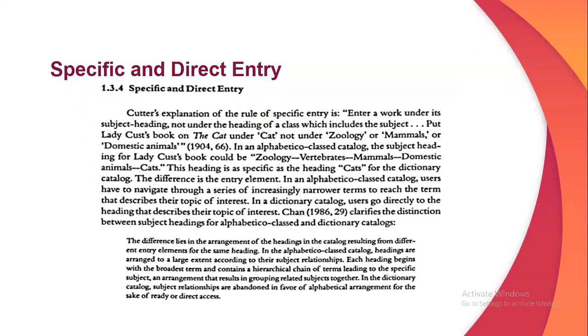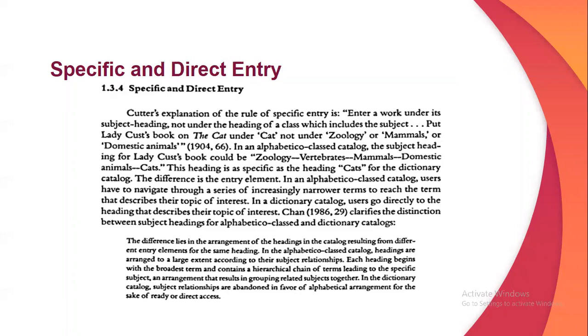Cutter's explanation of the rule of the specific entry is: enter a work under its subject heading, not under the heading of a class which includes the subject. Put Lady Cust's books on the cat under cat, not zoology or mammals or domestic animals.